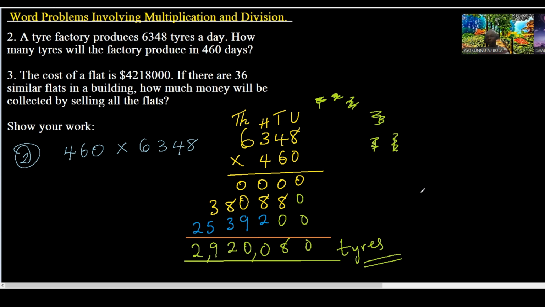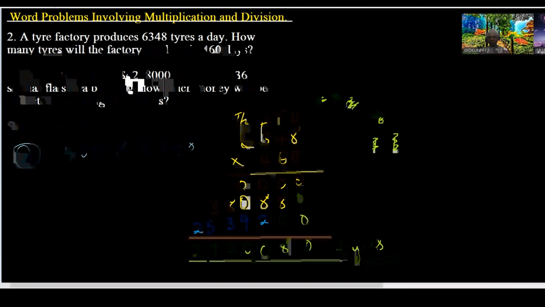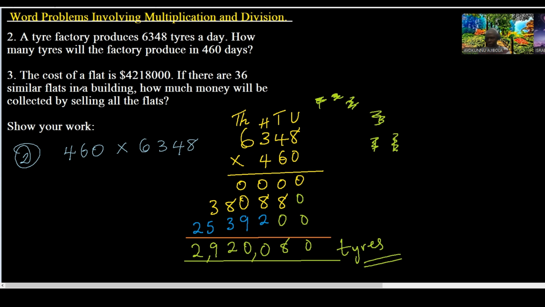Yes, yes. Okay, so let's look at the third one. The third one said the cost of a flat is 4,218,000. If there are 36 similar flats in a building, how much money will be collected by selling all of the flats? That's going to be a lot of money. Let's try to calculate it.